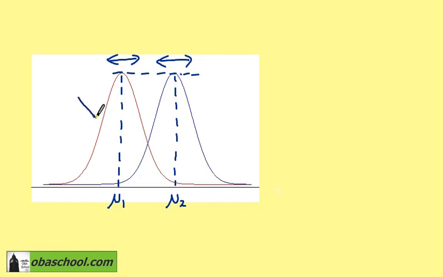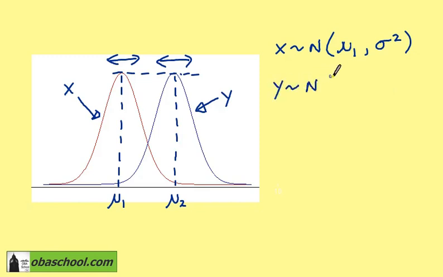If we were to call this one x and this one y, then we could write that x was normally distributed with mean mu1 and variance sigma squared, and that y was normally distributed with mean mu2 and variance sigma squared. Note the same variance, since these two have the same shape. It is only their mean that is different.